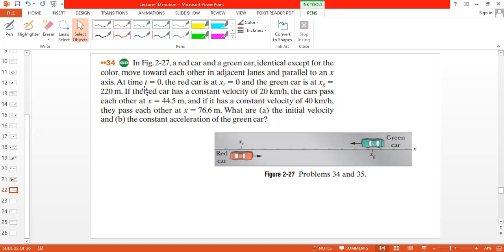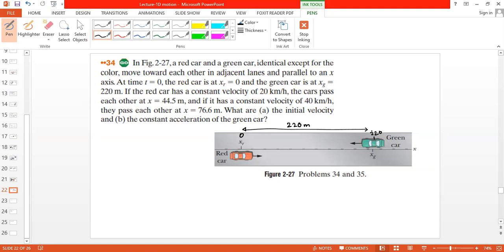At time t equal to 0, the position of the red car was xr equal to 0. And the position of the green car xg is 220 meters. So the distance between them is 220 meters.